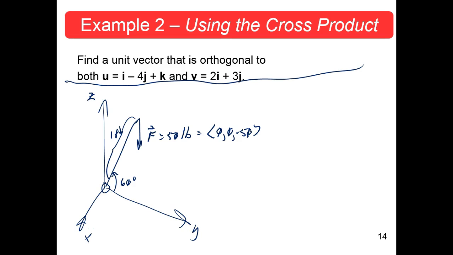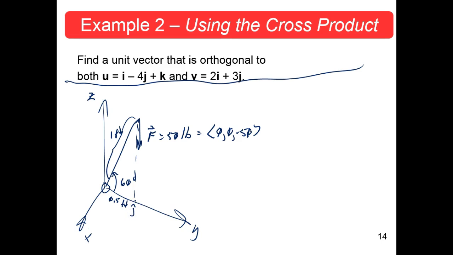Now, this lever that they've drawn here, they've gone 60 degrees there. Let's do the line down here. If that's 60 degrees and that's 1 foot, this is 0.5 feet. That would be in the y direction, so that would be 0.5 j.